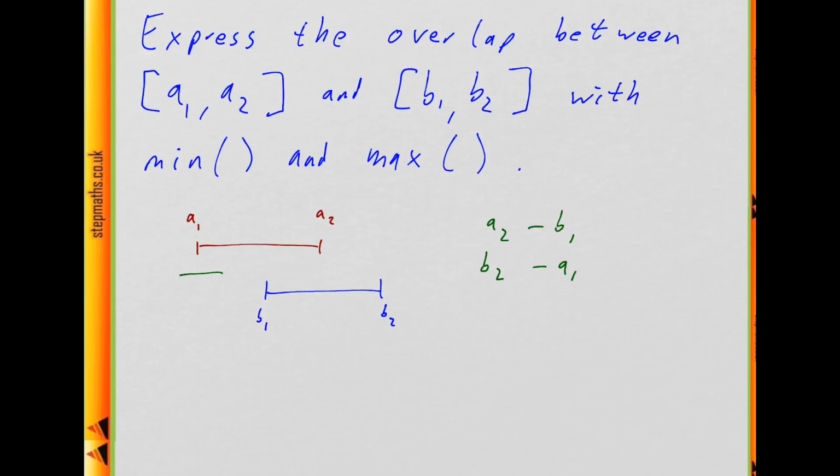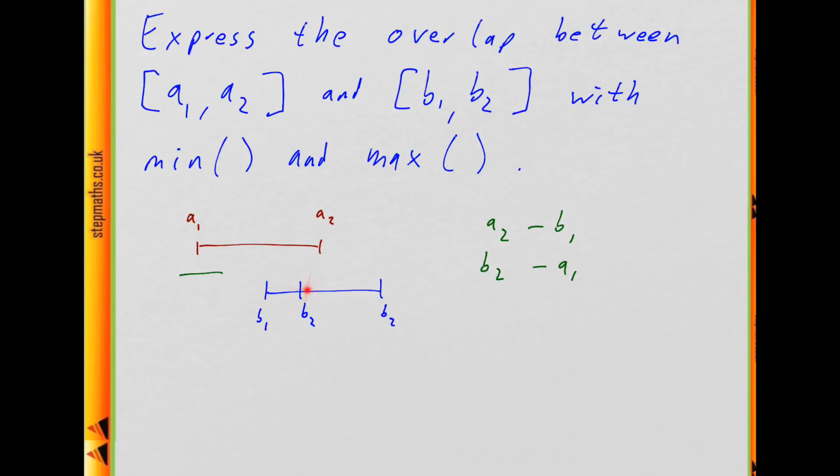So let's actually think about that case first, and then I'll come back to this one where it's on the left. So suppose instead b2 was here. Suppose b2's here, then what's the overlap? Then the overlap is going to be the whole of this interval, because this interval is just contained in this one.